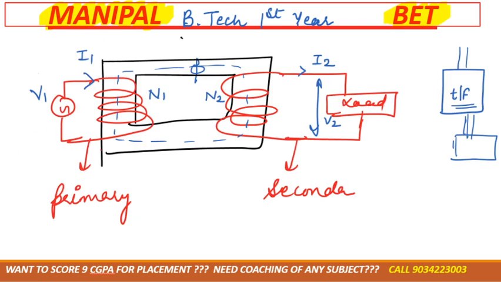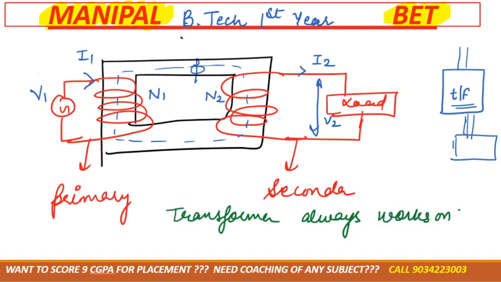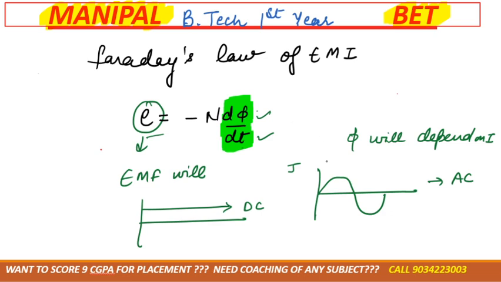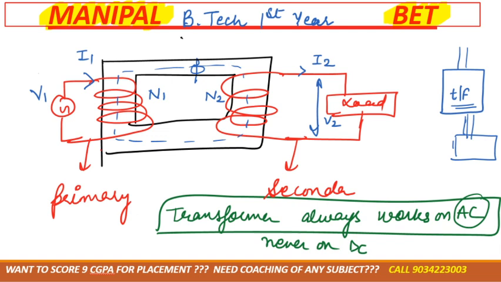So that's why we always say that a transformer works on AC, never on DC. Because in AC there is a change in the current, then in that case flux will change, and if flux changes, then EMF will be induced.